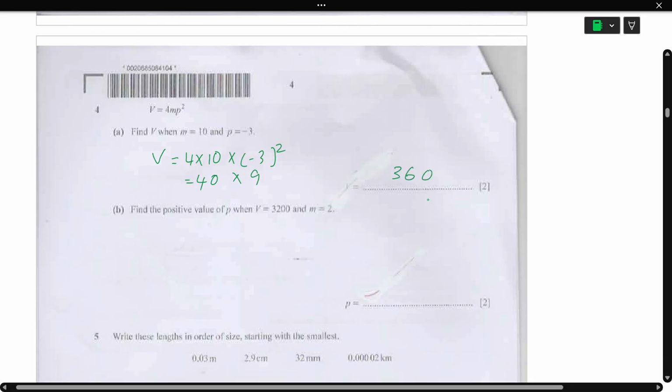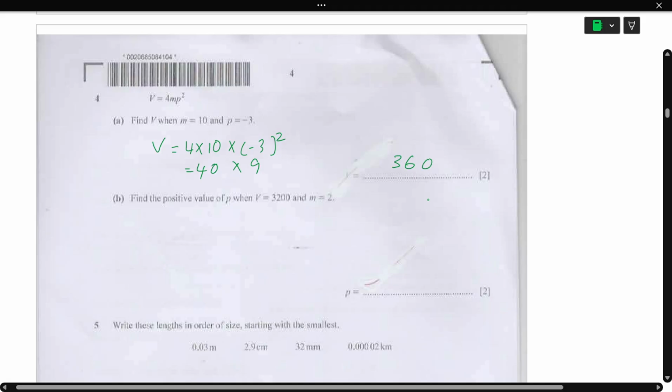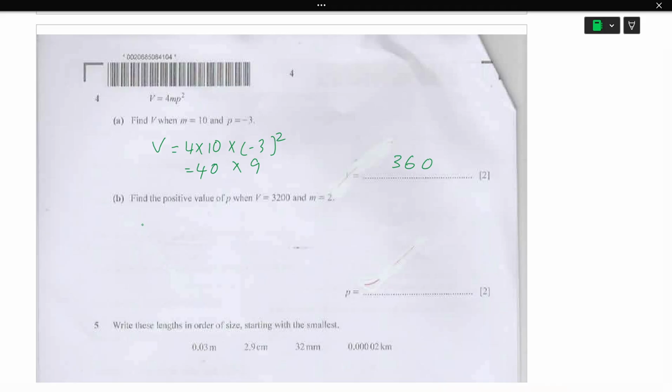Next, find the positive value of p when V equals 3200. So the formula is V equals 4mp squared, so 3200 equals 4 times m, where m equals 2, and we need to find p squared.